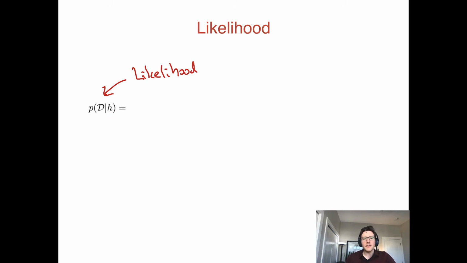Note that this is redefining a term that's used colloquially. Day to day, we might use the word likelihood as a synonym for probability. I say, what's the likelihood that this coin will come up heads when I flip it?